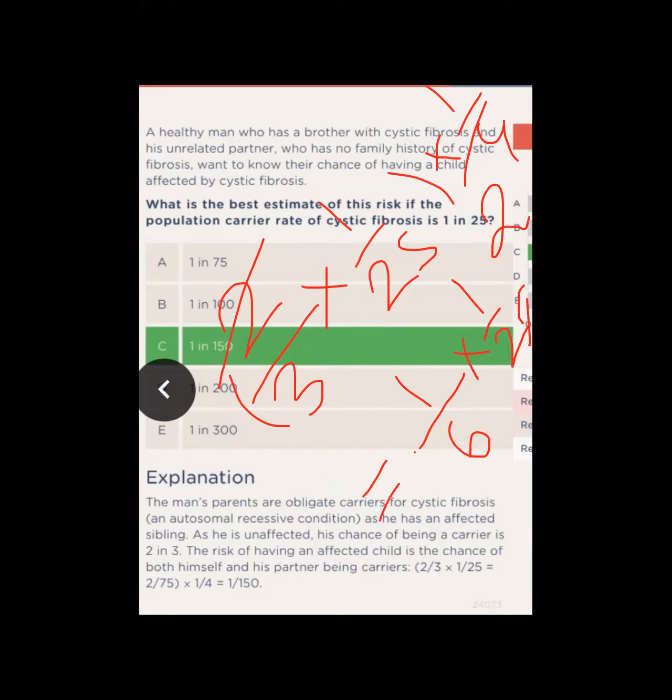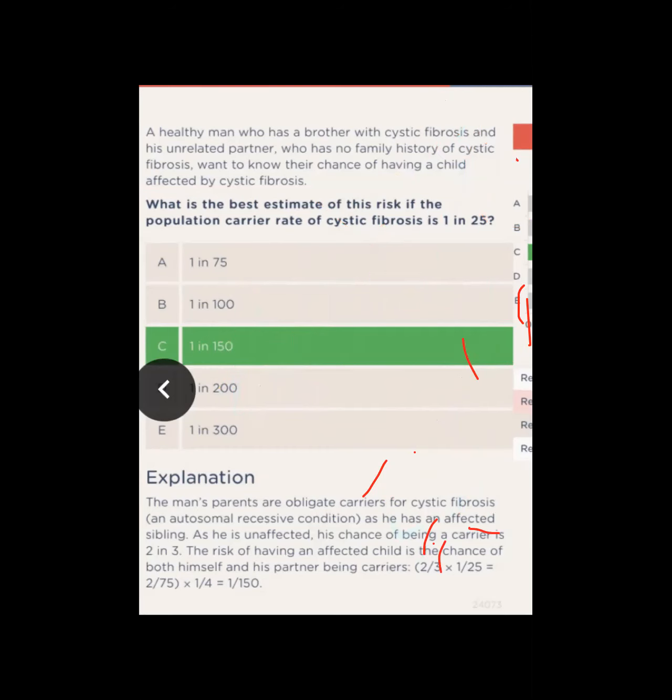So if you calculate, it will be 1/150. Okay, so this is the simple math calculation. So this is how you can identify that in an autosomal recessive condition, when a brother or sister is affected, there is a 1/150th chance that an unaffected brother or sister will have an affected child with cystic fibrosis.